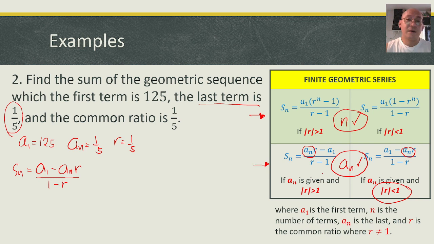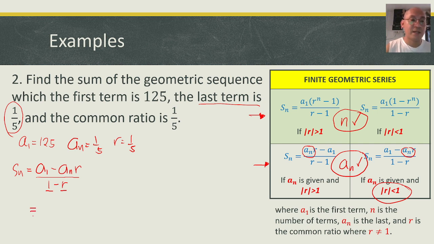If the common ratio is greater than 1, or if the absolute value of the common ratio is less than 1, it is easier if we interchange the r and 1 in the denominator. So that if r is less than 1, we can just subtract r from 1, and if r is greater than 1, we interchange it as r minus 1, which is easier to subtract. Okay?